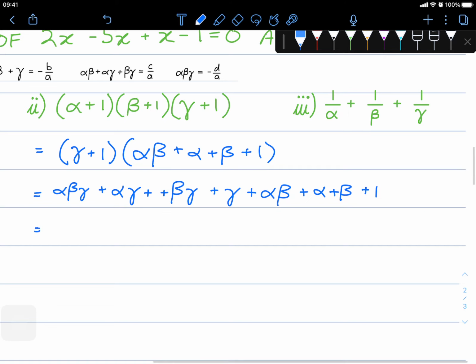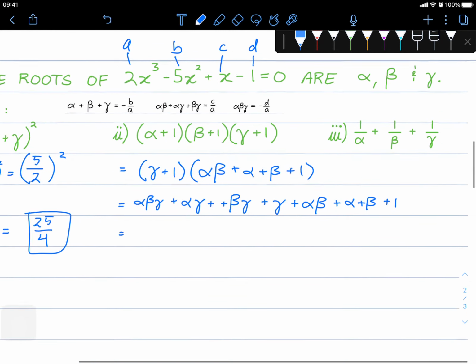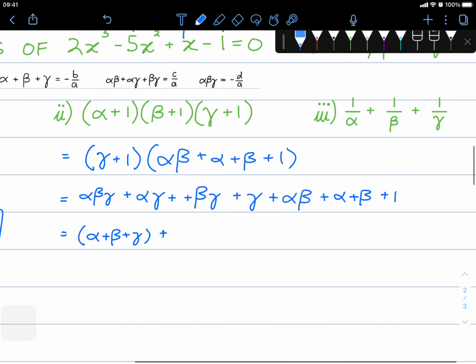Now, we're going to rearrange everything so that we have some of these identities showing here. Take a look very carefully. We have alpha plus beta plus gamma. Grouping those three together, we already have this expression here. Grouping these three together, we have another expression there. So alpha, beta, gamma.